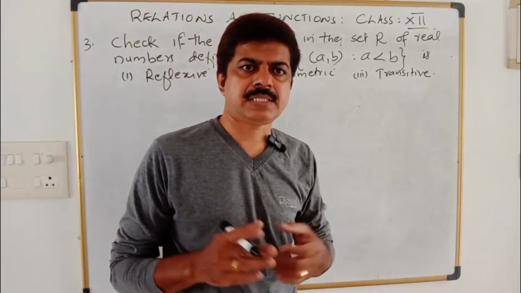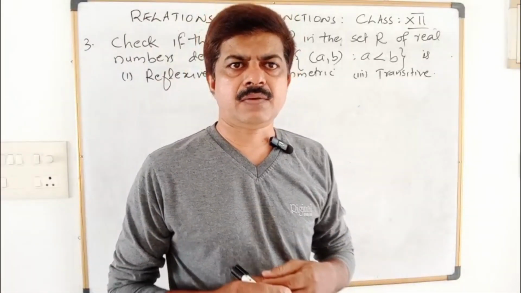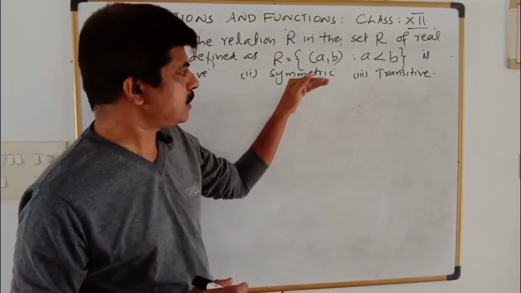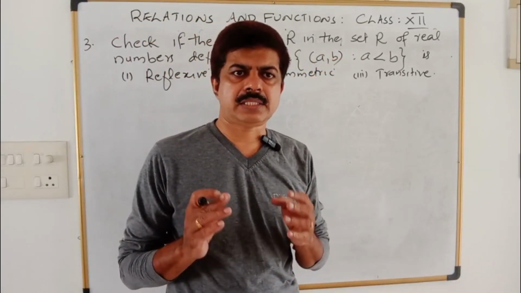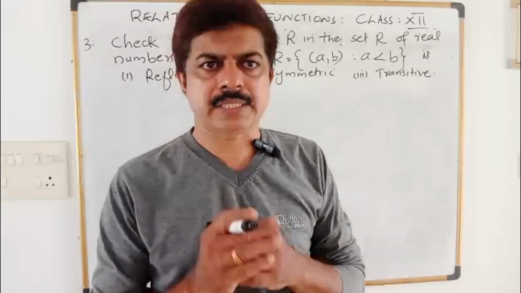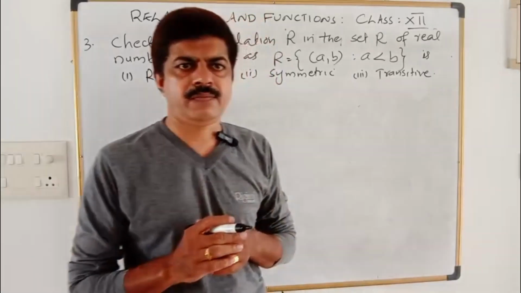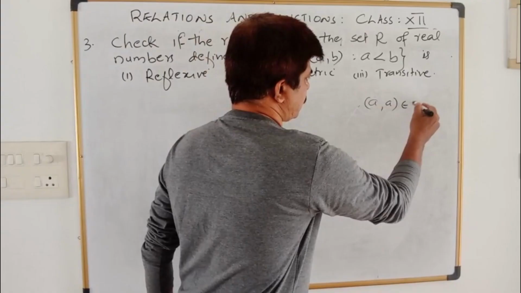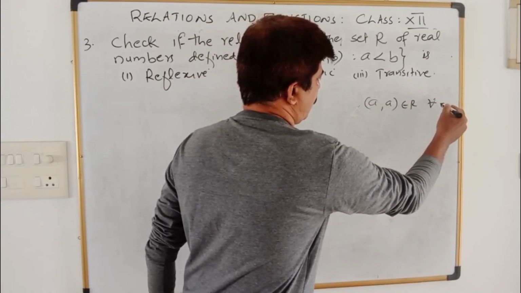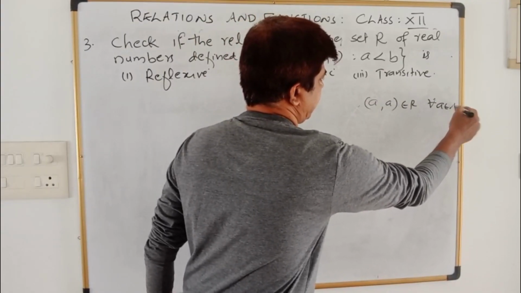Students, you know what a reflexive relation is? A relation R in a set A is said to be reflexive if AA belongs to R for all A belongs to A.